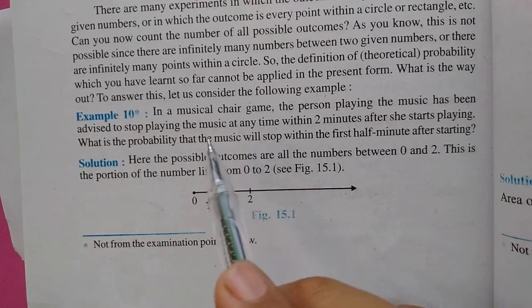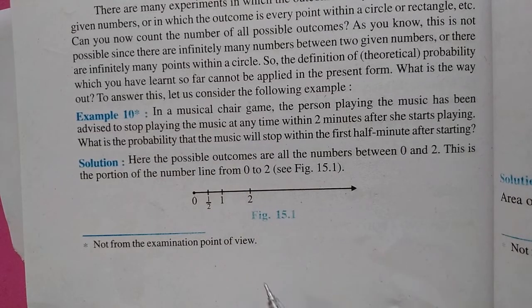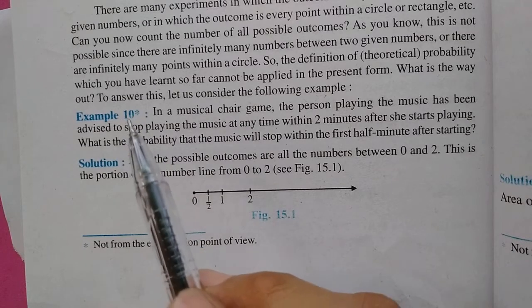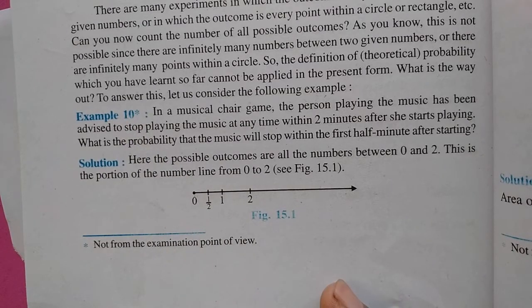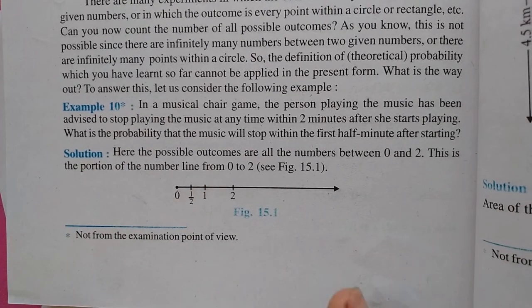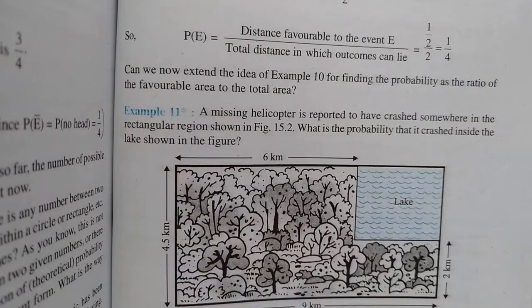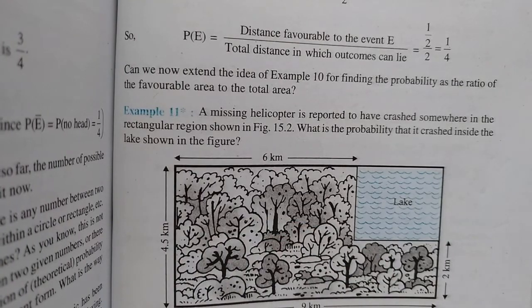But like this sum or some changes they make in this type of sum, and they can ask in exam. So whenever this star is given, those who want to score more than 90 marks, at least they children have to read this, have to prepare this type of problems. That is my simple advice, children. Example 11 also star is given, so that also you read it.